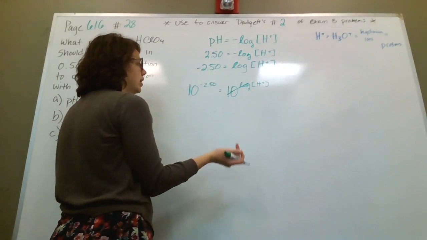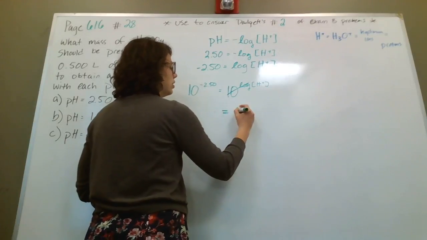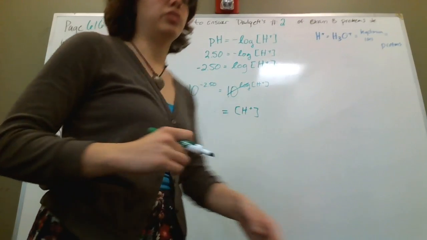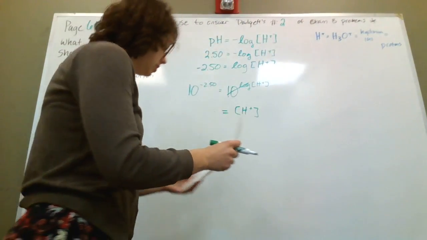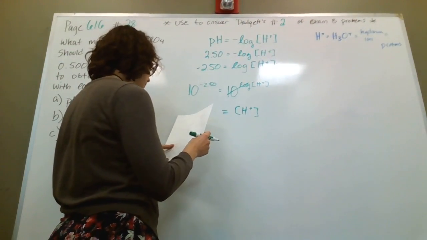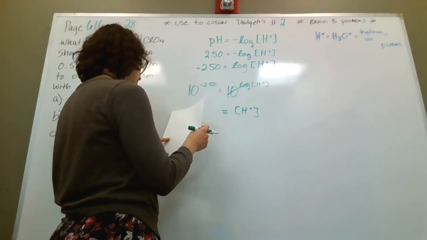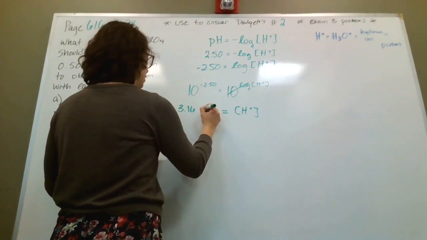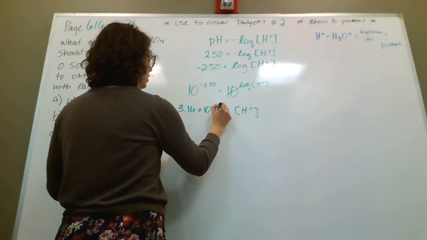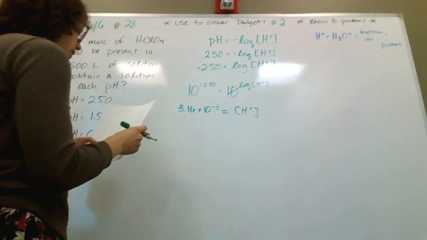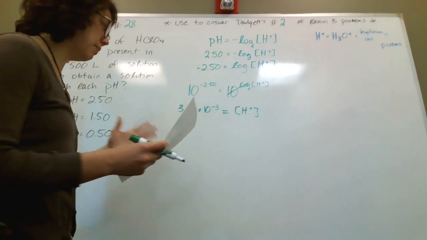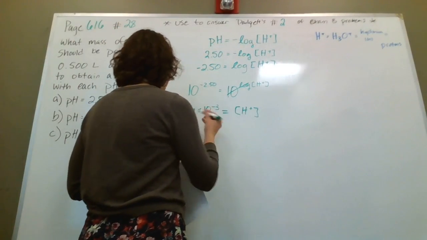So 10 to the negative 2.50 will give you your proton concentration. And I found that to be 3.16 times 10 to the negative 3. Okay, so now we have our concentration. Our concentration is going to be in molarity.